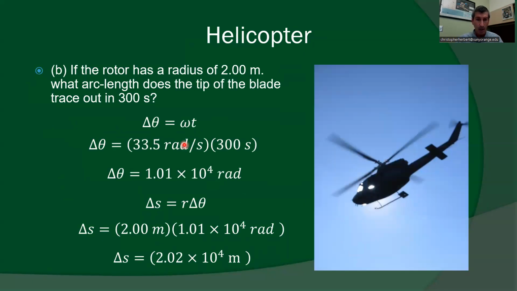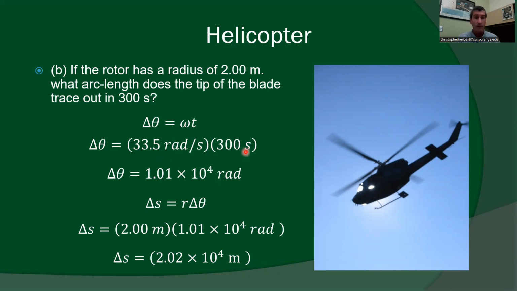Now, again, we are going to get into constant angular acceleration later on. But for an angle of change, we can say that omega is equal to delta theta over t. Therefore, delta theta is going to be equal to omega times t. And here we have, again, the rotational speed times the time that goes by.